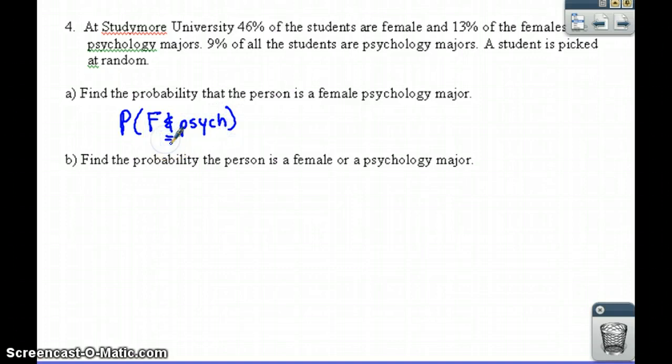So that and implies that we're going to be multiplying. So the probability someone is a female at the university is 46%. The probability that they are a psych major is 13%, giving us a total of 6% of the students are female psychology majors.